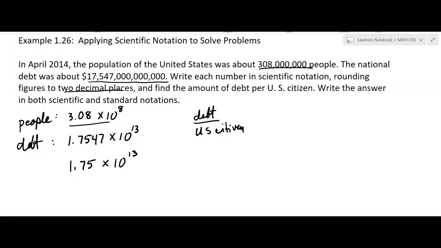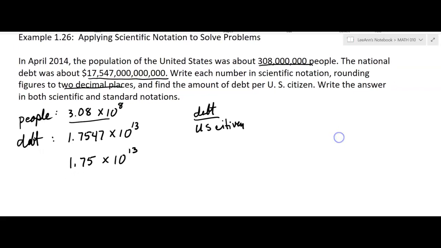Okay. So my debt was 1.75 times 10 to the 13th. And I'm going to be dividing that per person, 3.08 times 10 to the 8th. Okay, so I know I'm going to have times 10 to the 5th.